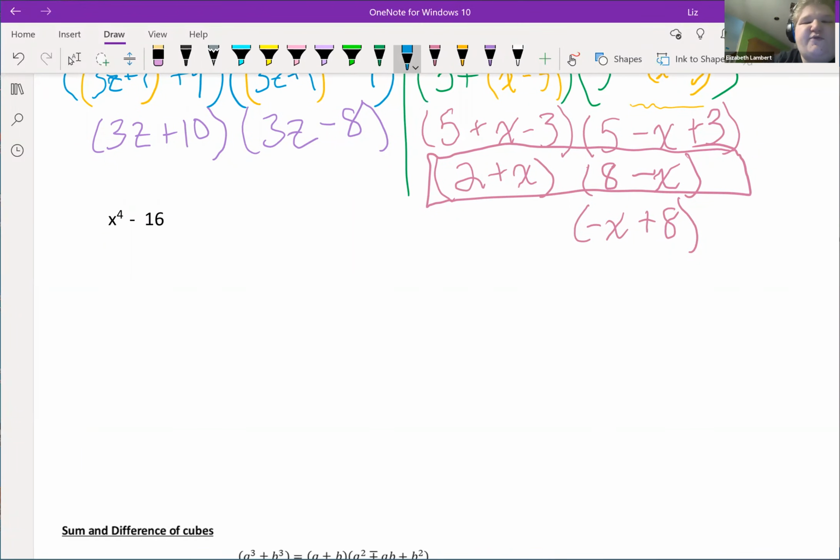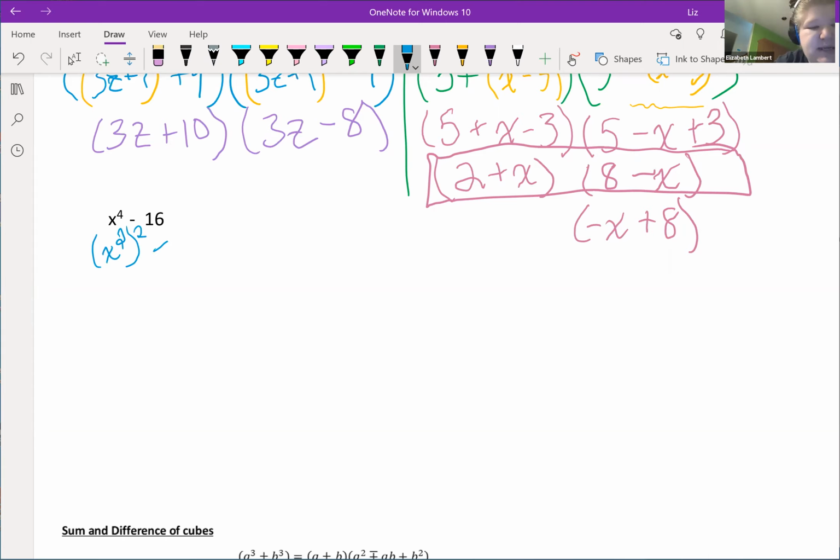So I have x to the 4th minus 16. And you might be looking at this, well, you know, I know there's a difference of cubes. Is there a difference of fourths? Sort of. It's just a double difference of squares. So x to the 4th is the same as x squared squared.